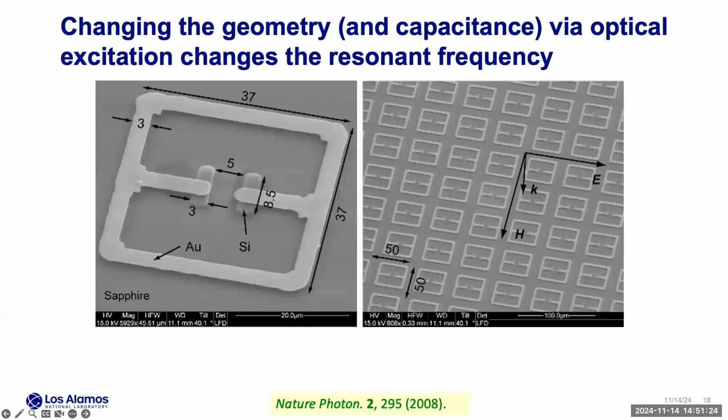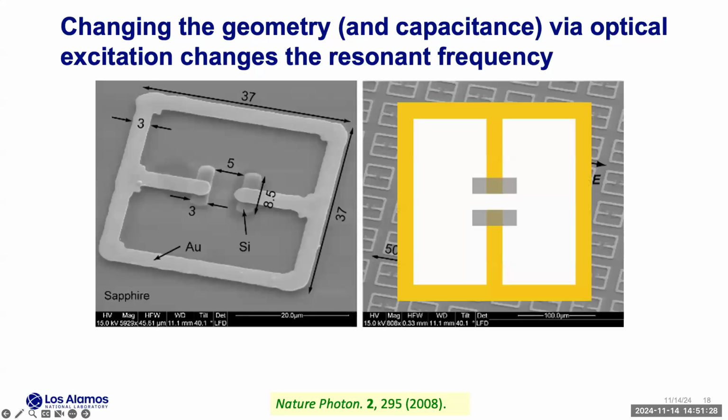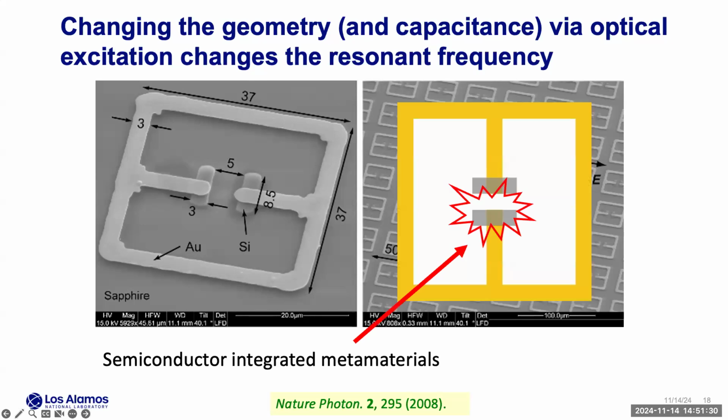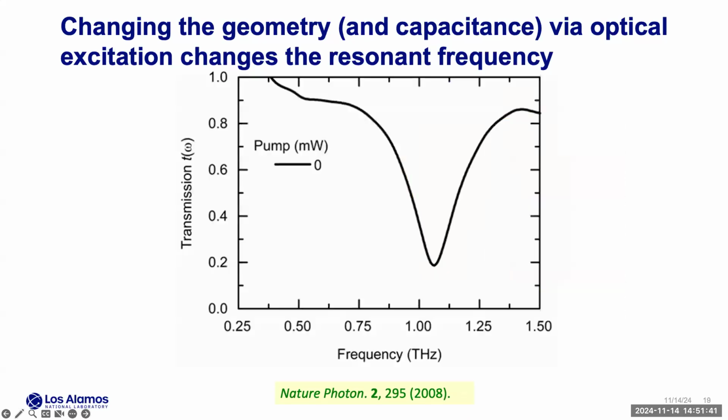We photoexcite them, and we've got a change in the capacitance. And so that's what we do, is we photoexcite them. And if we change the capacitance, since the frequency is omega equals 1 over the square root of LC, you get actually, as you excite it, so this is the resonance at 0 excitation, no excitation.